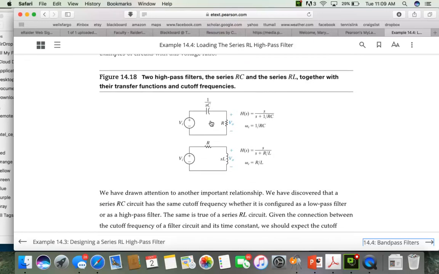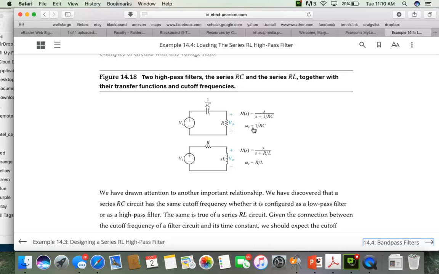So here shown together are the RC and the RL high pass first order passive filters, and you can see what the transfer function looks like, where in the case of the RC you're taking the output across the resistor. In the case of the RL, you're taking the output across the inductor.